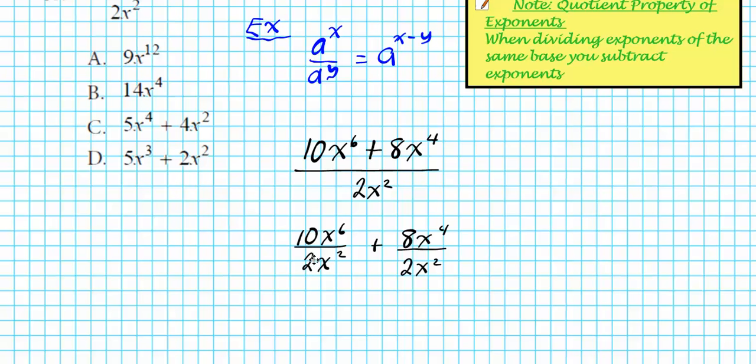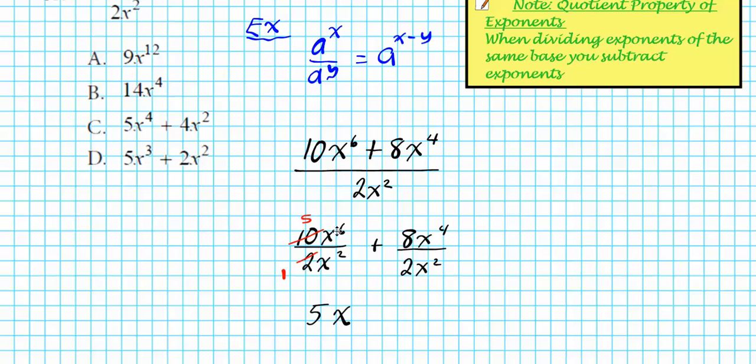All right, so let's do the left side first. 2 goes into 10 five times, so we bring down the 5. And now what do we do with the variables? This is where we'll apply the quotient property of exponents.